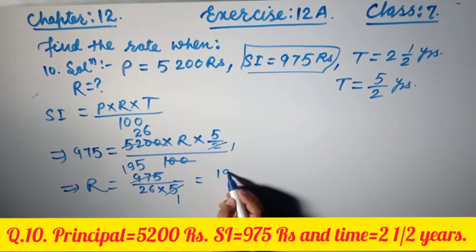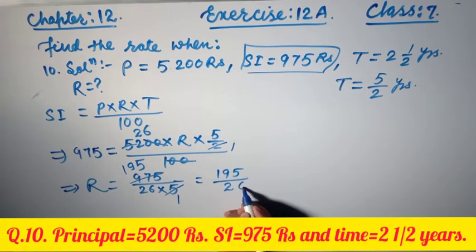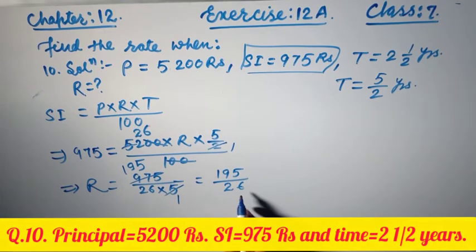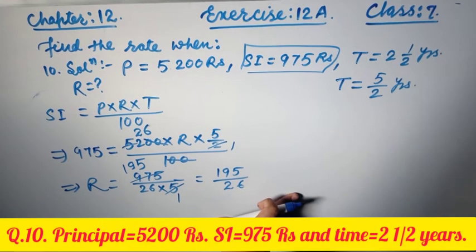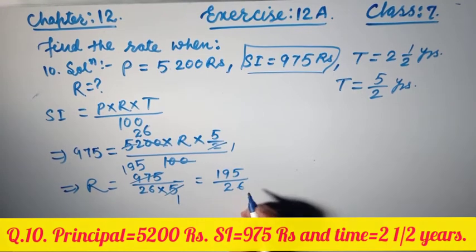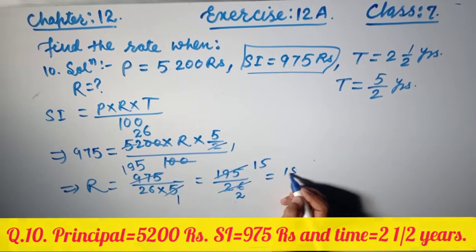So now 195 divided by 26. Now see, 13 twos are 26, and 13 fifteens will get cancelled. So this is 15 divided by 2.